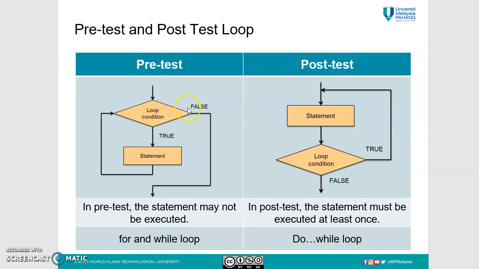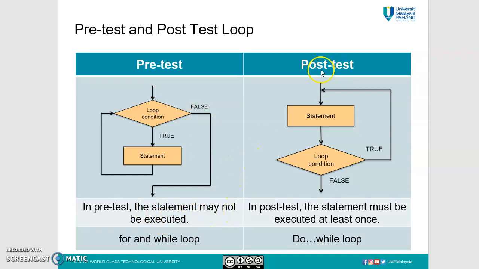If it's false, the loop will be terminated. So in pre-test, the statement may not be executed because we test first. If it's false, then it will just terminate. So the statement may not be executed.